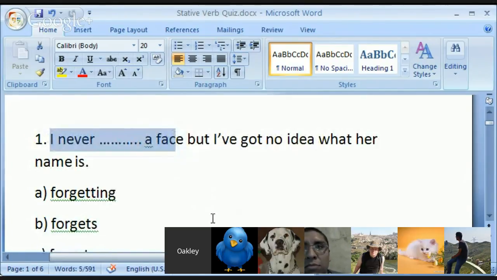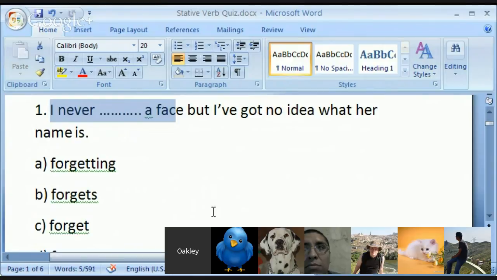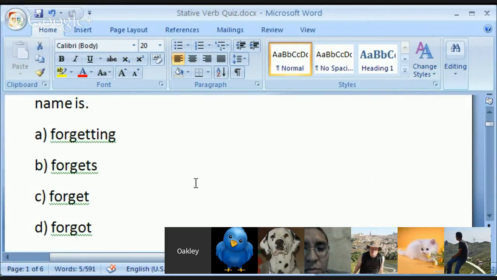Definitely stative. This is a state, right? Yes. He never forgets a face, so obviously this is a state. We cannot use a continuous verb tense in this way. Can I use forgetting as a continuous? Is it possible to use this verb in a continuous way?